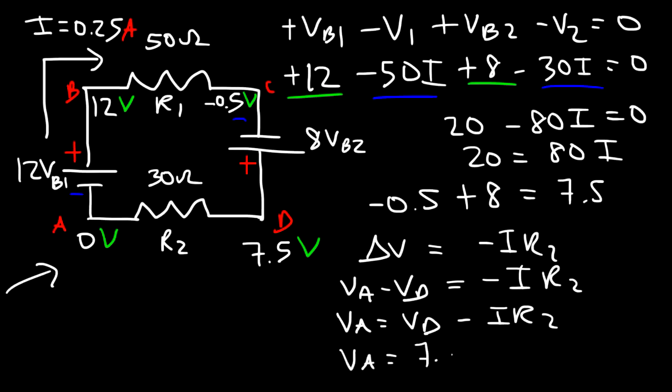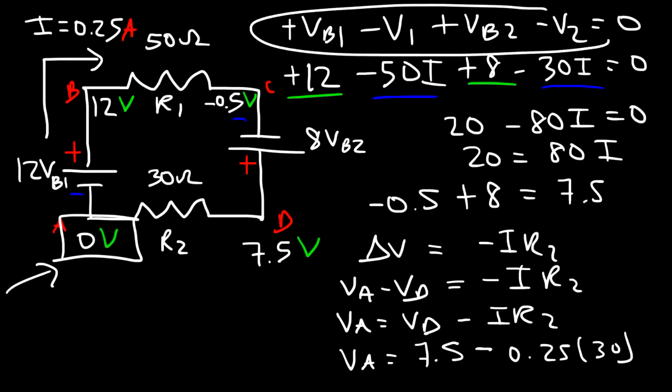So VD is 7.5, the current is 0.25, and R2 is 30. So if you type in 7.5 minus 0.25 times 30, this will give you 0, the potential at point A. And so it goes to show that Kirchhoff's voltage law does work. The sum of all the voltages in the closed circuit will always add up to 0.